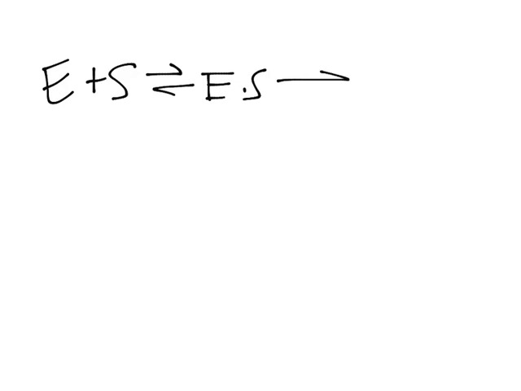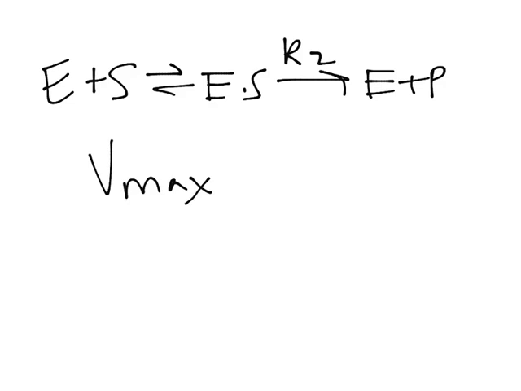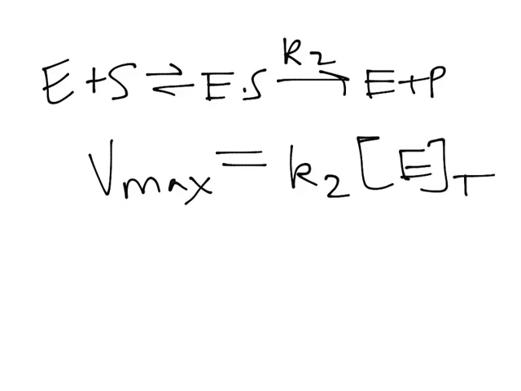So we know from our little schematic cartoon we've been using, enzyme plus substrate goes to the enzyme substrate complex, which goes to enzyme plus product. We've said K2 is the limiting step, and so when K2 is the limiting step, we say that the maximum velocity is equal to K2 times the concentration of the total amount of enzyme.